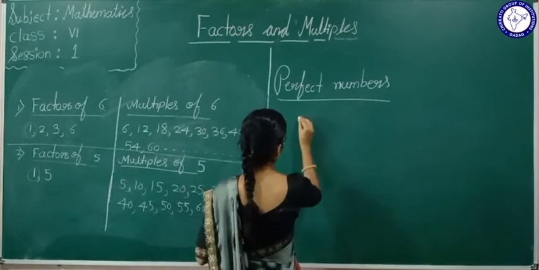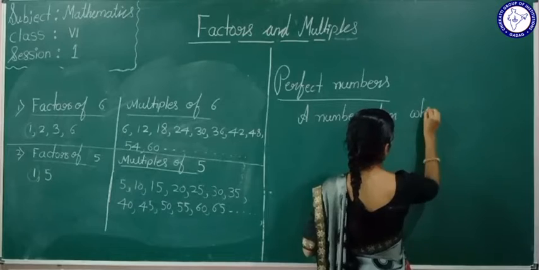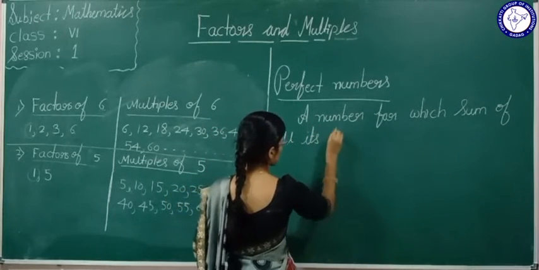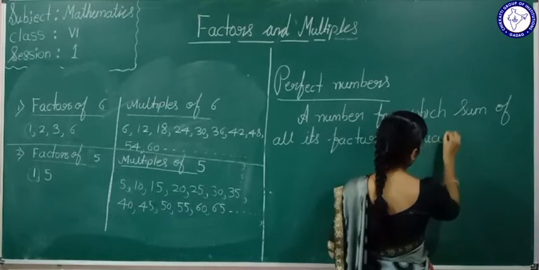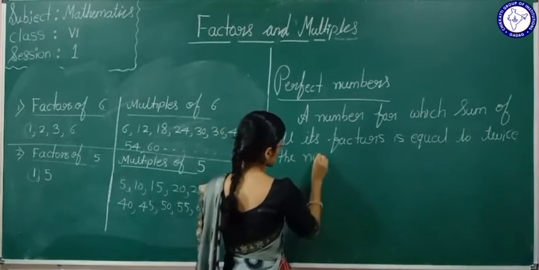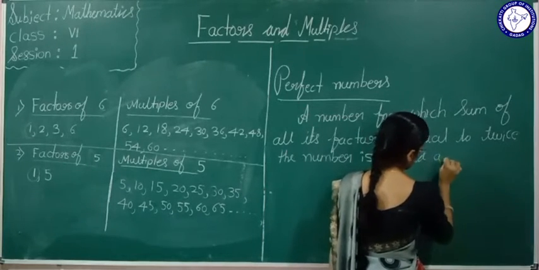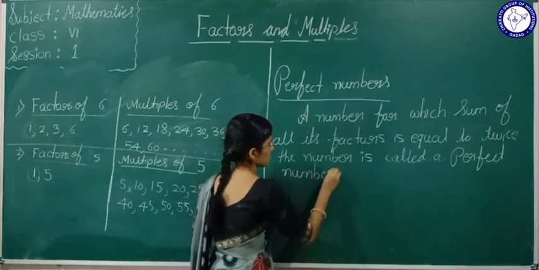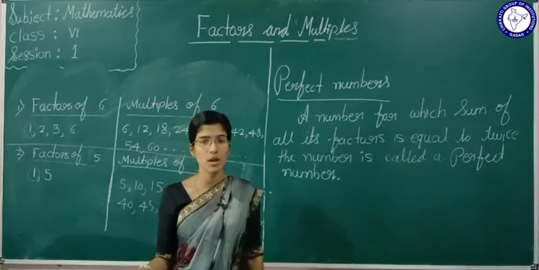See here, students: a number for which the sum of all its factors is equal to twice the number is called a perfect number.